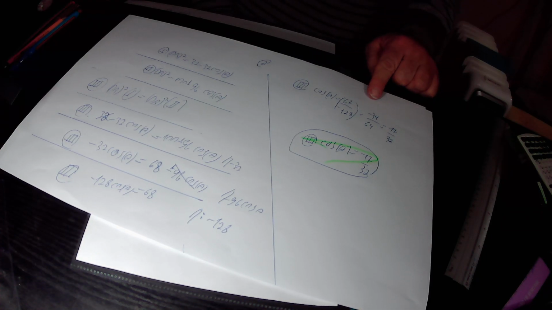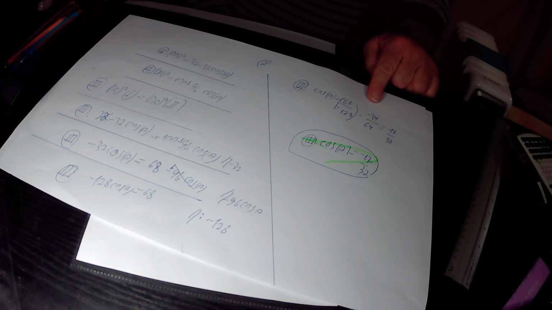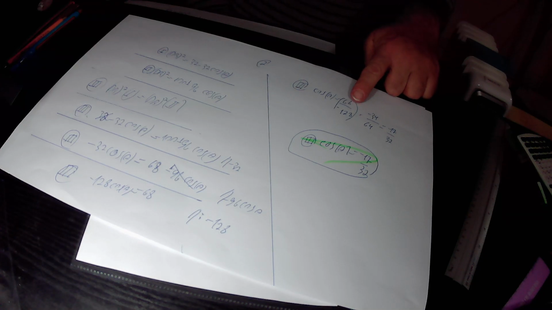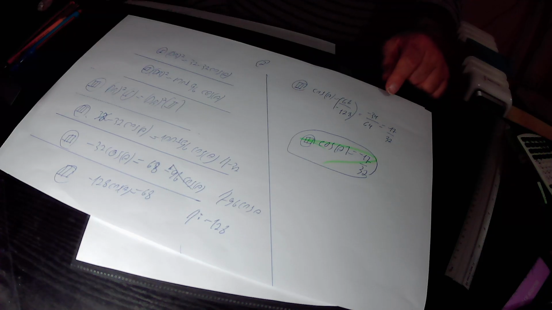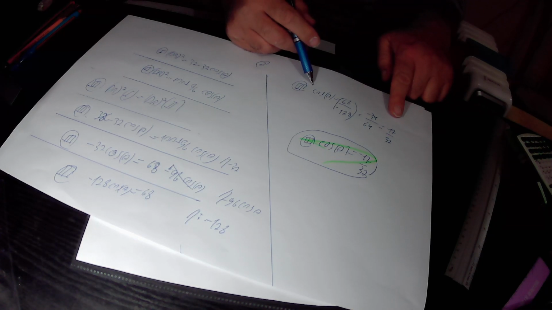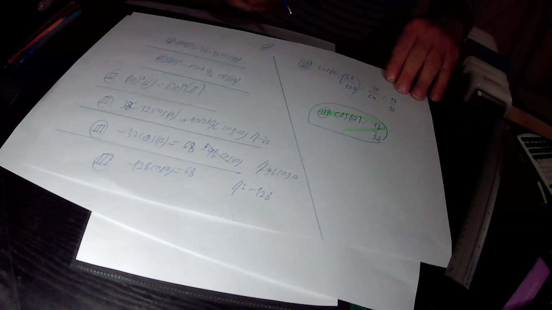Minus 68 over 2 is minus 34, and 128 over 2 is 64. Likewise, we divide by 2 again. Minus 34 over 2 is minus 17, and 64 over 2 is 32. So in total cosine theta equals minus 17 over 32.